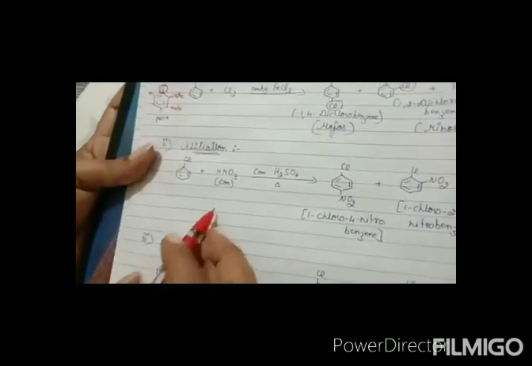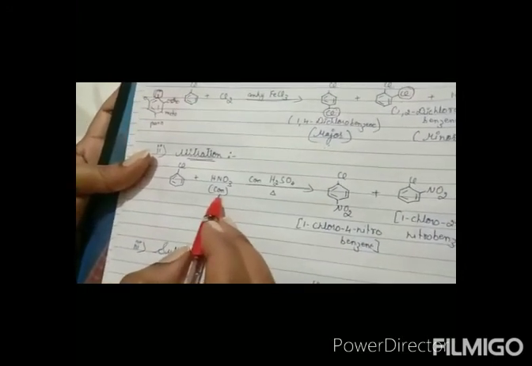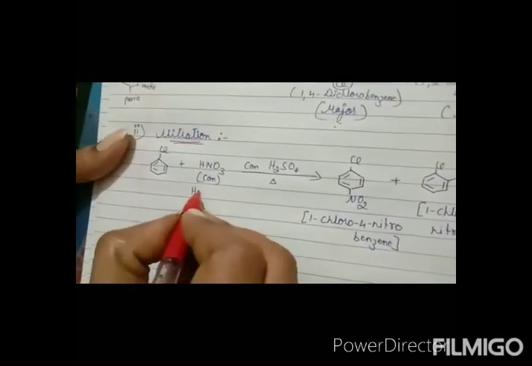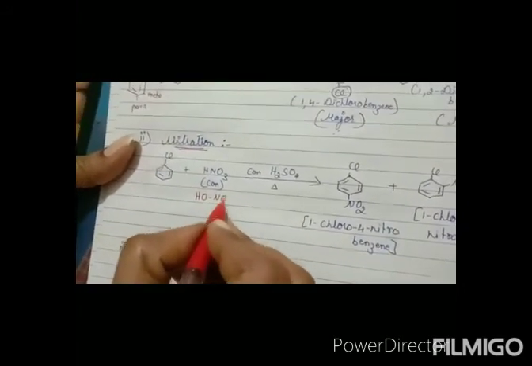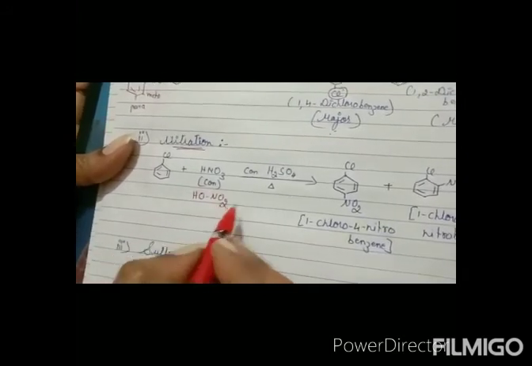The same thing is valid for nitration reaction. Nitration reaction, we have our chlorobenzene. The chlorobenzene nitration reaction is carried out in the presence of nitric acid. Just for simplification, I'll write it down as HONO2. So we have the substitution of the nitro group at para position and at the ortho position.